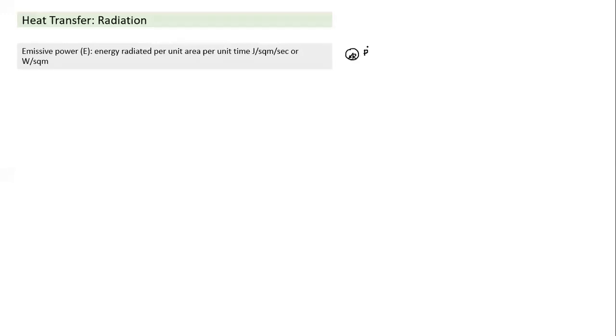This is the power of the source. Power is energy radiated per unit time by this source. So in this case, emissive power will be equal to total energy radiated per unit time, that is P, divided by 4 pi r square. That is emissive power, energy radiated per unit area per unit time, and this is at the source only.